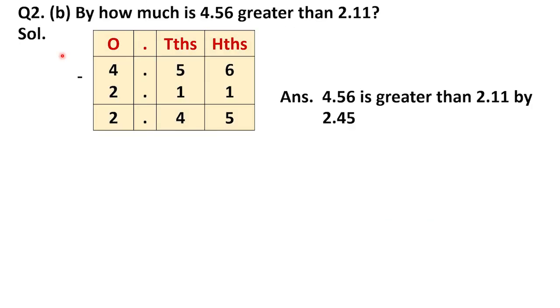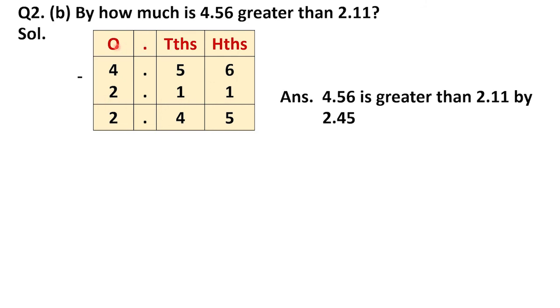Next question is, by how much is 4.56 greater than 2.11? So for finding this we need to subtract both these numbers. Again we will arrange these numbers in the place value chart of the respective places. So 4.56 we have and 2.11.